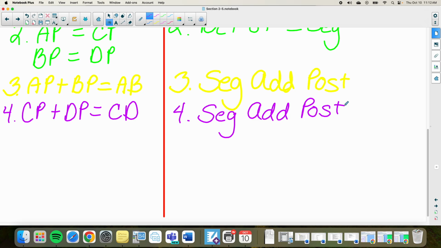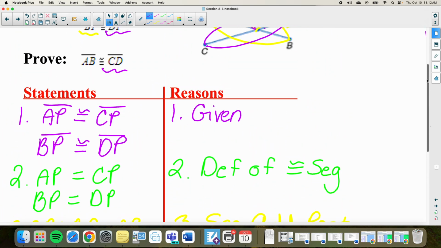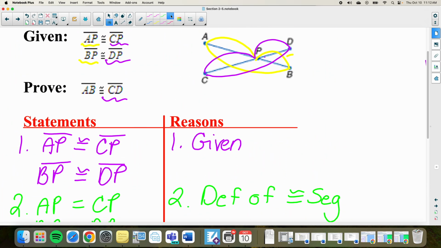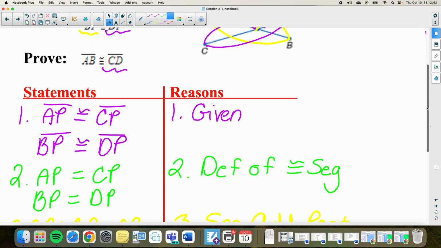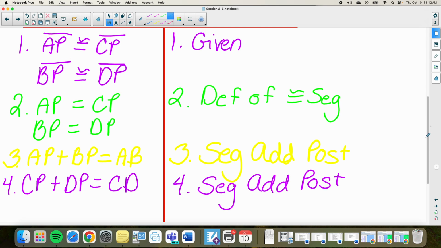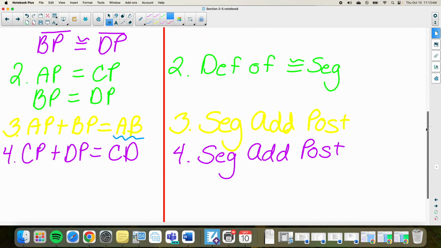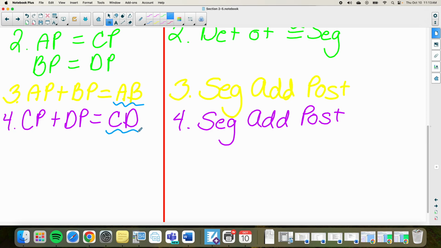Okay, now, if I go back and look, what is it that I want to show as equal? I eventually want that AB, which is right here, equals CD, which is right here. Now, do you guys understand? If you have two equations, does it make sense if these two are equal, that these would be equal and vice versa?